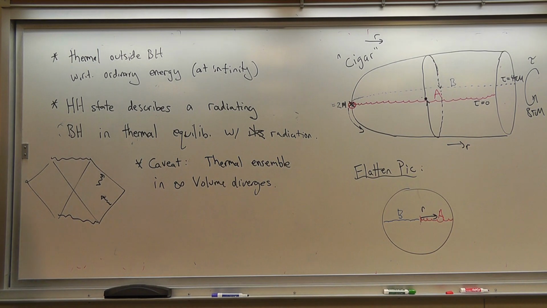Okay, you can't really do this. If you want to actually do a calculation, you have to regulate it somehow, like by putting the black hole in a box in order to define the state.